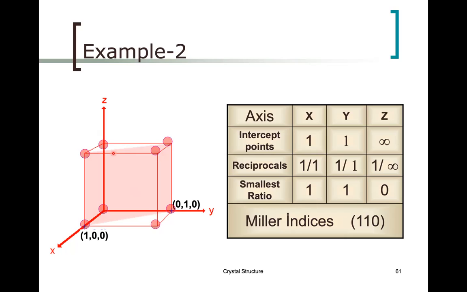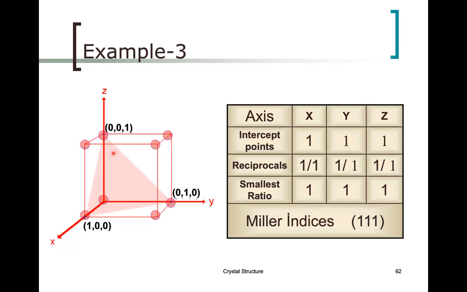Let's see if the next one solves the problem. There's another plane, and this one passes through 1, 0, 0, 0, 1, 0, and 0, 0, 1. This is the 1, 1, 1 Miller index, and it intercepts the x, the y, and the z axis.